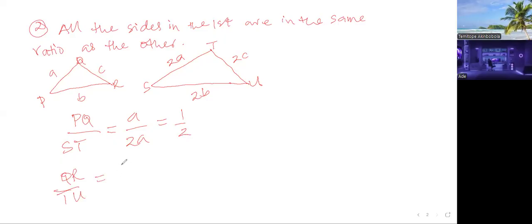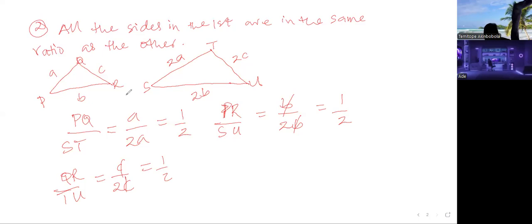So that will be C over 2C. This cancels this, we have 1 over 2. Also, PR ratio SU, B over 2B, gives 1 over 2. So the ratio of the sides of triangle PQR to STU is the same throughout.